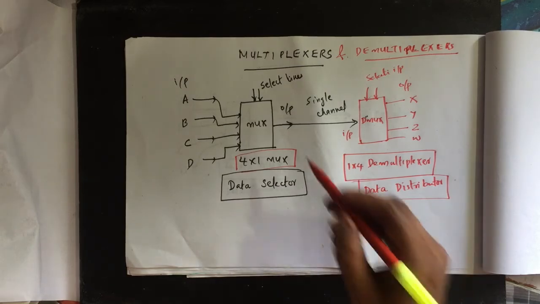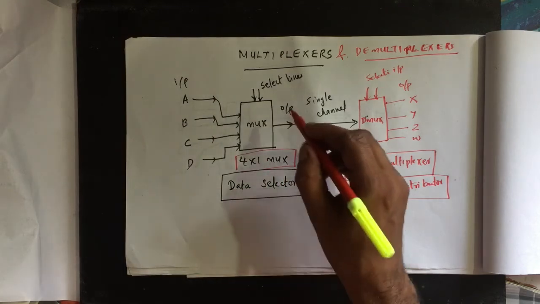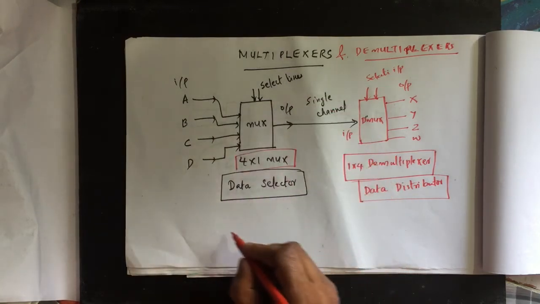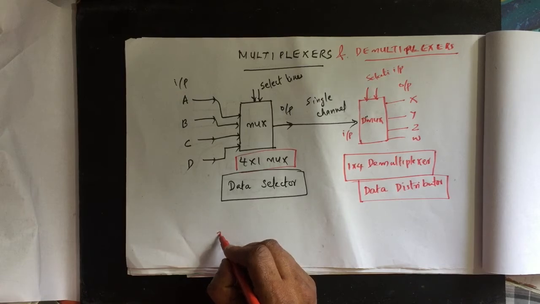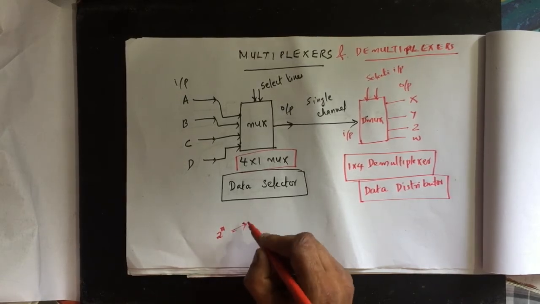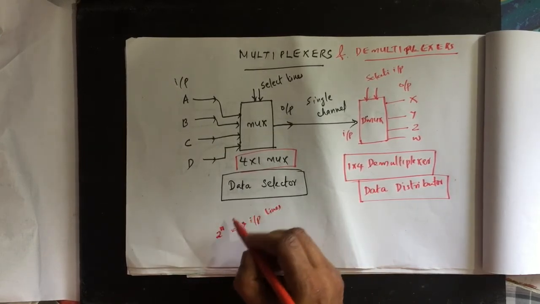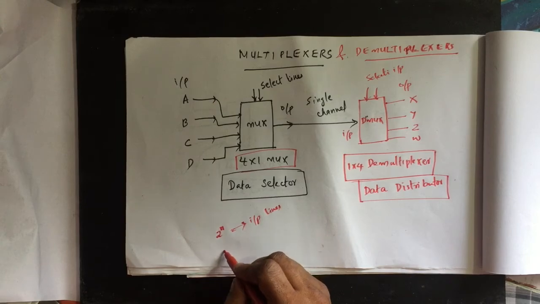Now let us see regarding select lines. If there are 2 select input lines, I can have 2^n, that is 4, input lines, where n is equal to 2.